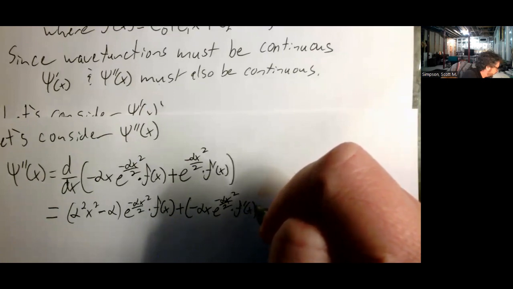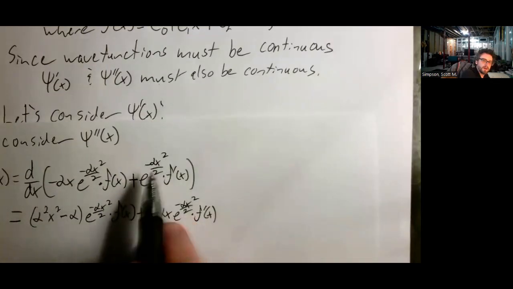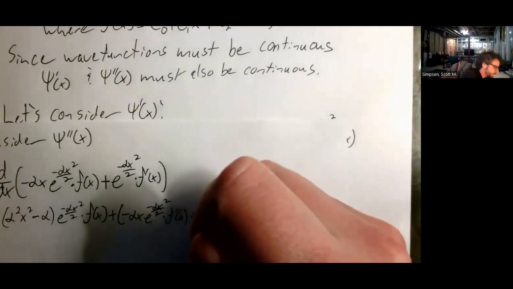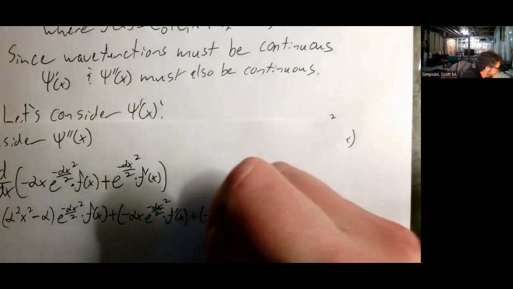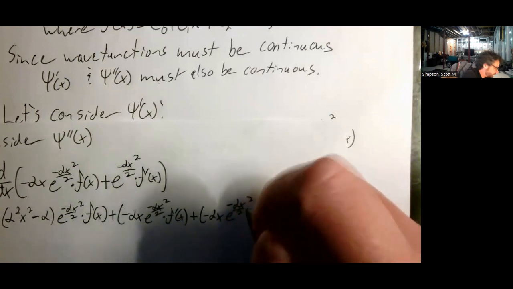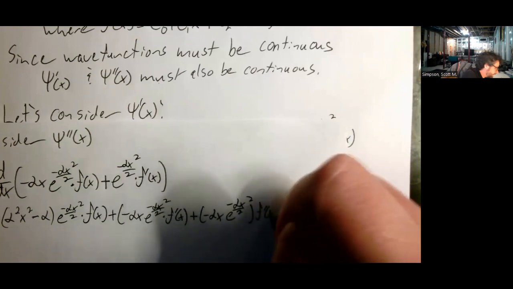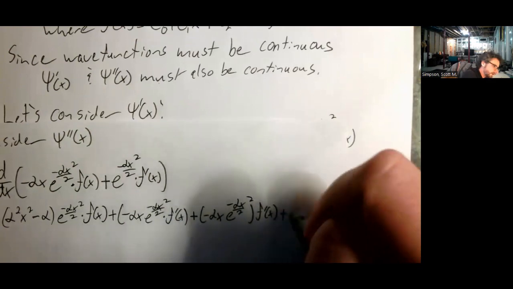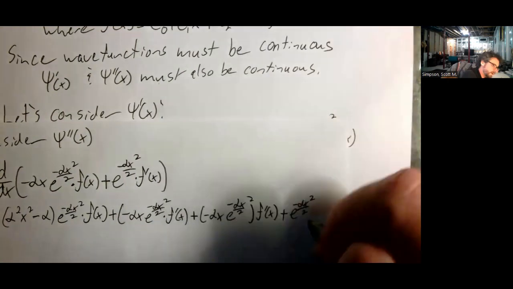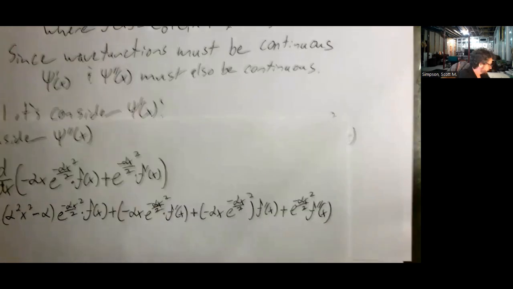We'll leave that alone as is. Then we have this other term that we're going to worry about, plus negative alpha x e to the negative alpha x squared over 2 f prime of x plus e to the minus x squared over 2 f double prime of x.